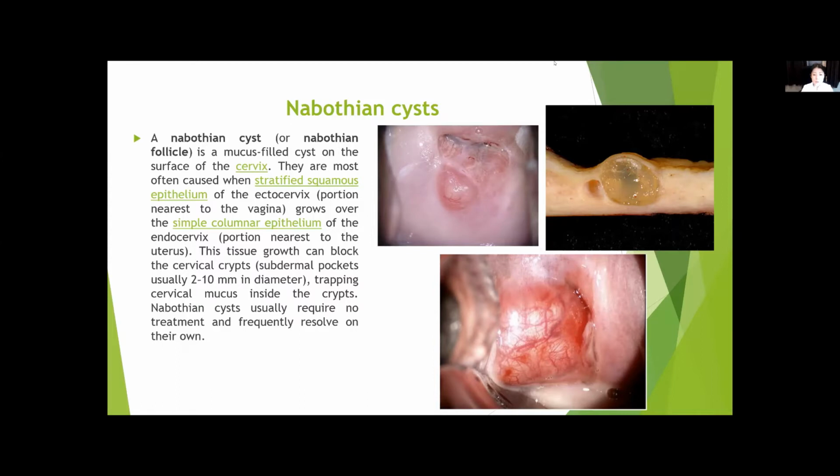These tissue growths can block the cervical crypts, small pockets usually from 2 up to 10 millimeters in diameter, trapping cervical mucus inside the crypts. Nabothian cysts usually require no treatment and frequently resolve on their own.